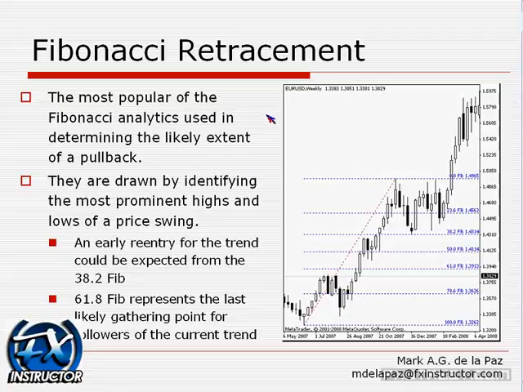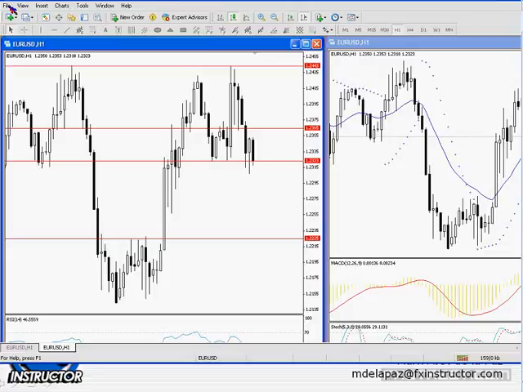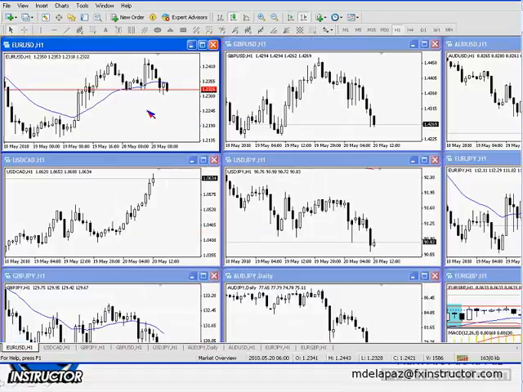When we apply this to a chart, let me just fix our chart here. What's a good market to assess right now? Let's take a look at euro.